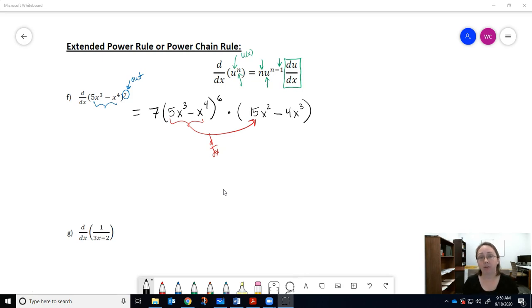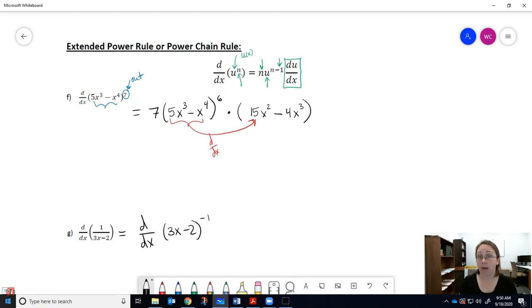But we can use algebra to rewrite this in such a way that we can maybe use the extended power rule. So can you think about it? How would you rewrite this to be able to use the extended power rule? So the denominator, bring it up into the numerator, and then it has a power of what? -1.